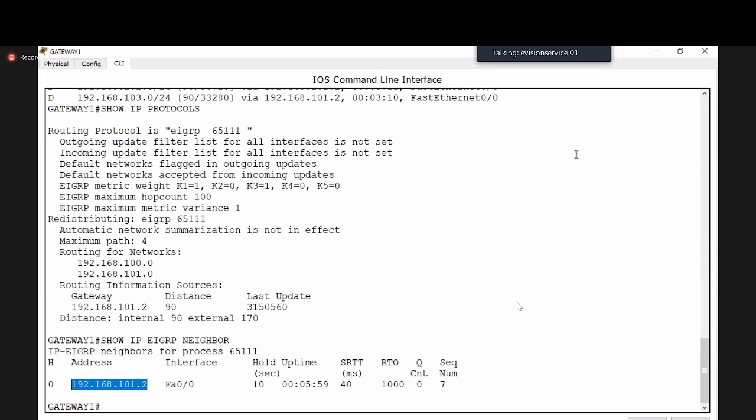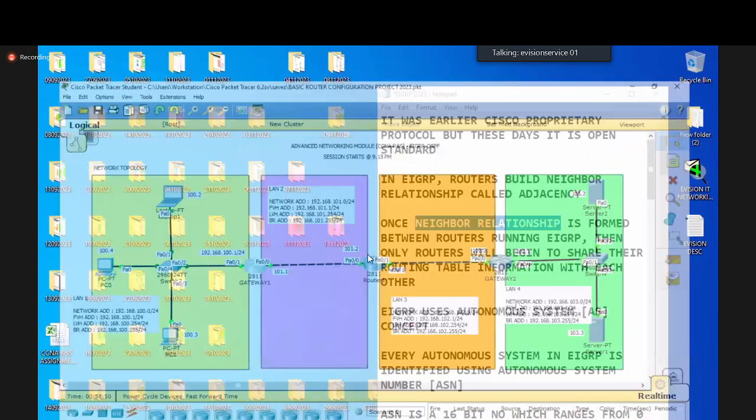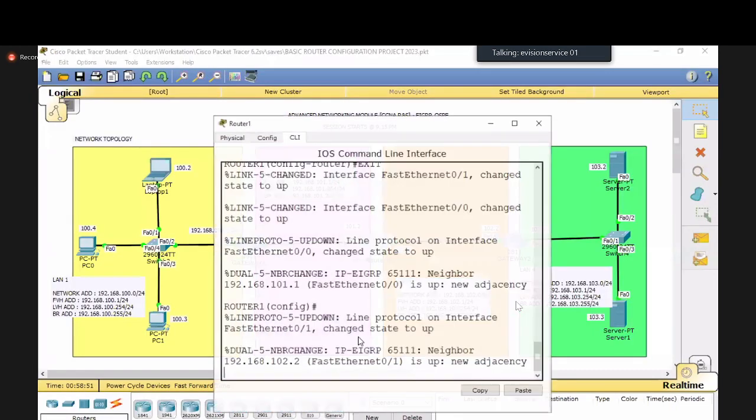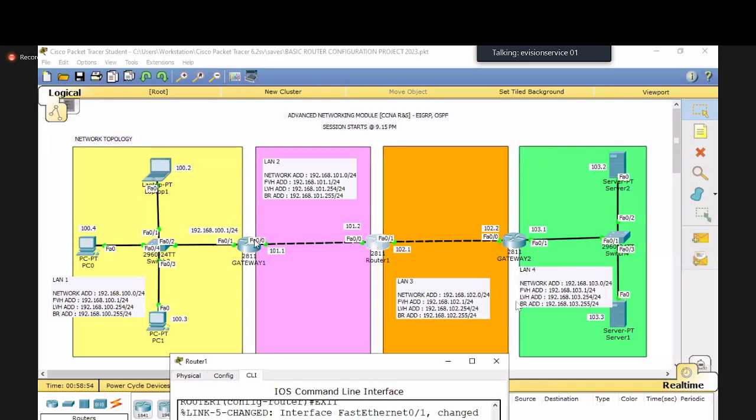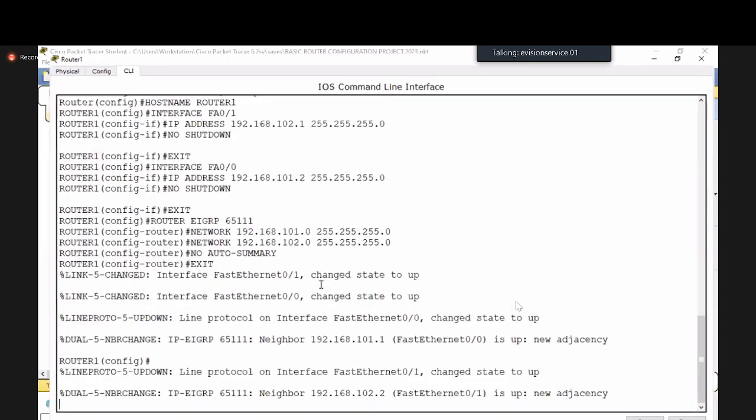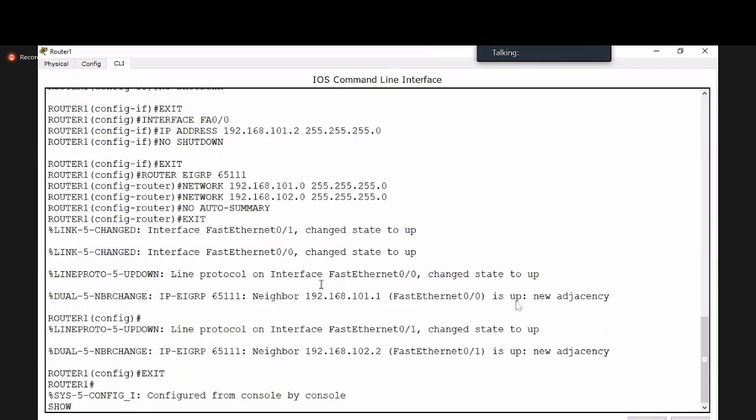But if you do the same thing in router 1, you will see that two neighbors are there. One will be gateway 1, one will be gateway 2. So that is how the router 1 neighbor table looks.